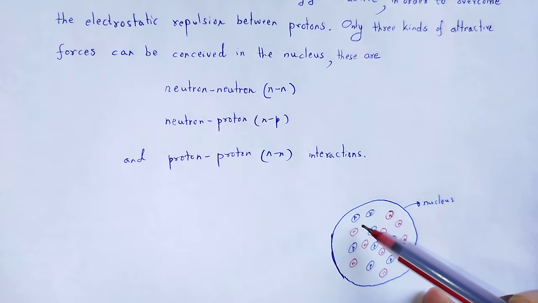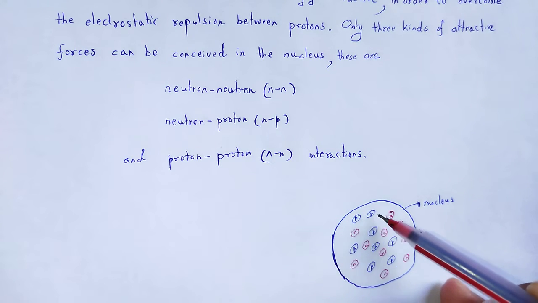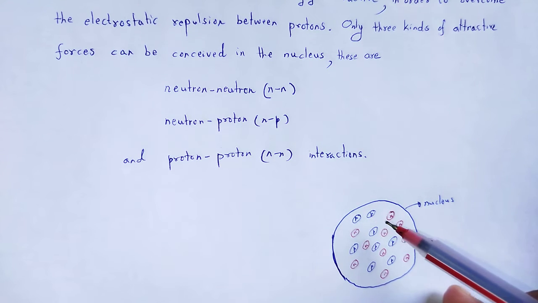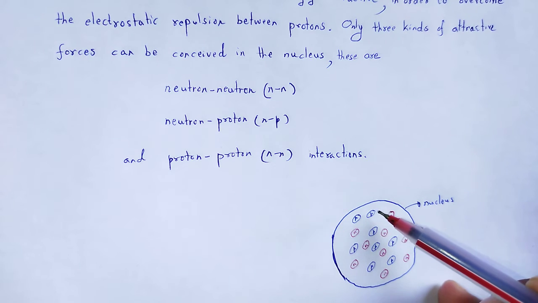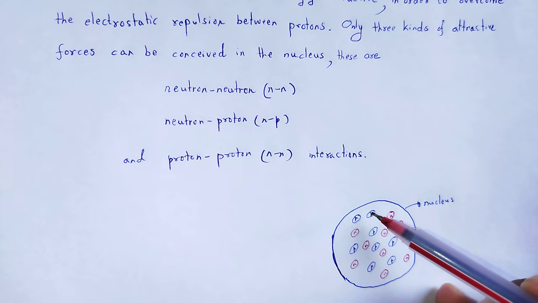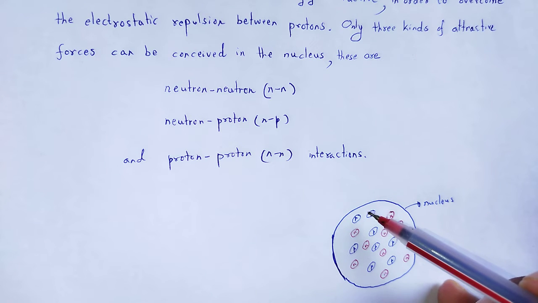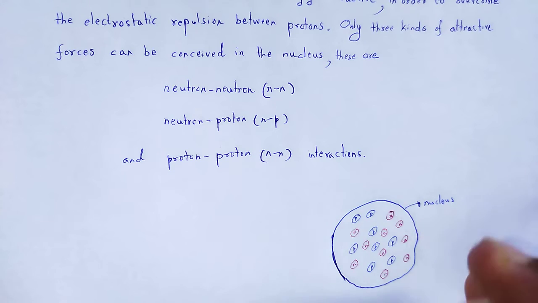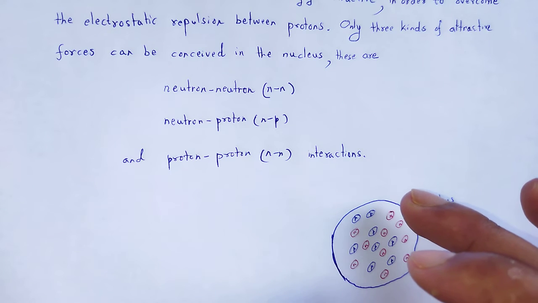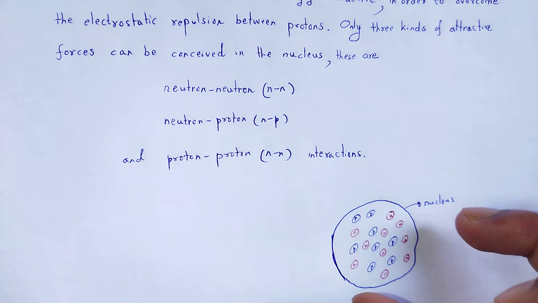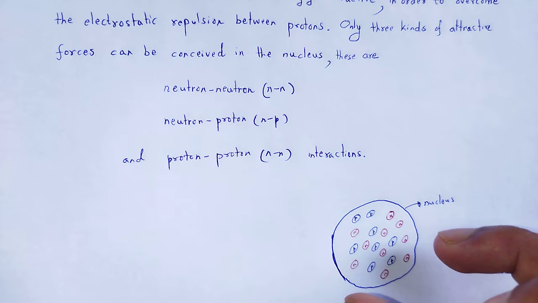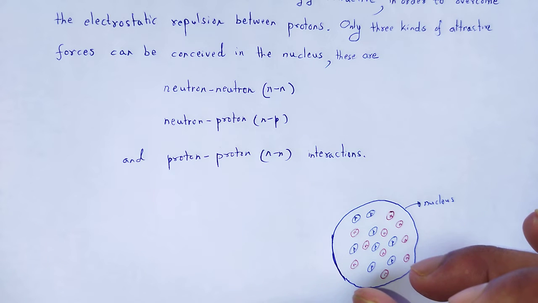As for the interaction between proton and proton, they are positively charged, so they repel each other due to electrostatic repulsion. But we see that the nucleus exists. Why?